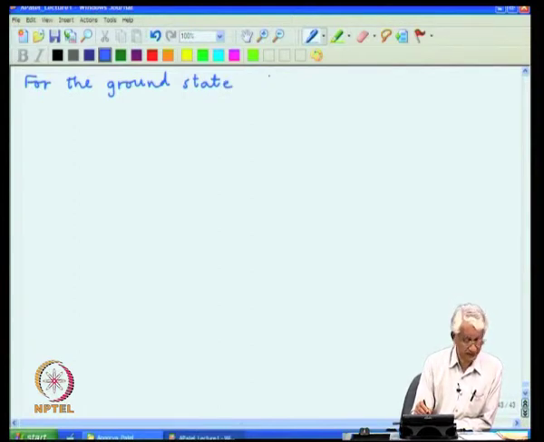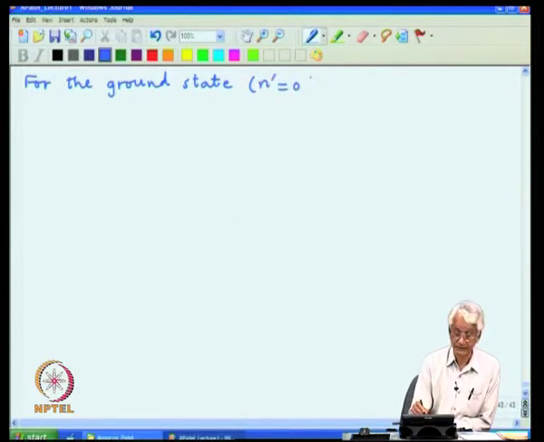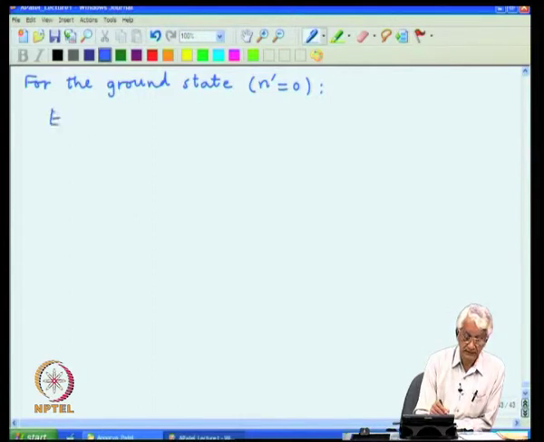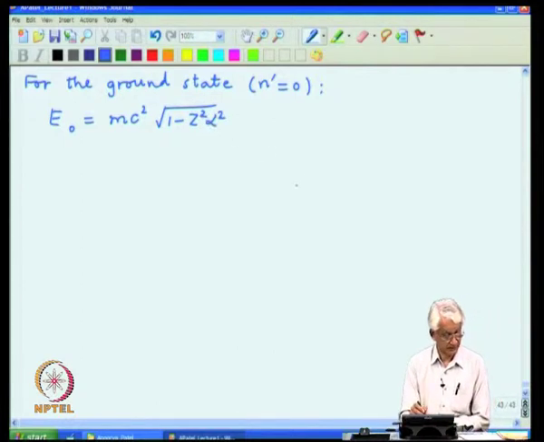And the ground state corresponds to n prime equal to 0, and in that case the energy drastically simplifies to an expression which is easy to remember.